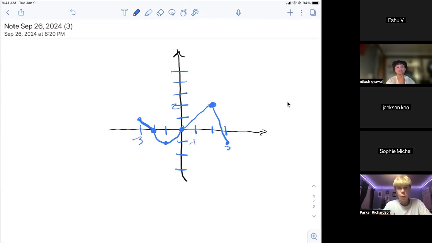Okay, so let's see. What if I said, let's do y equals absolute value 2.